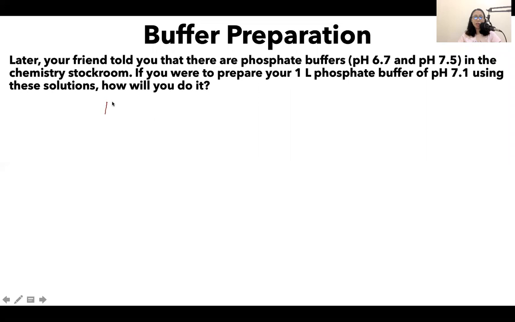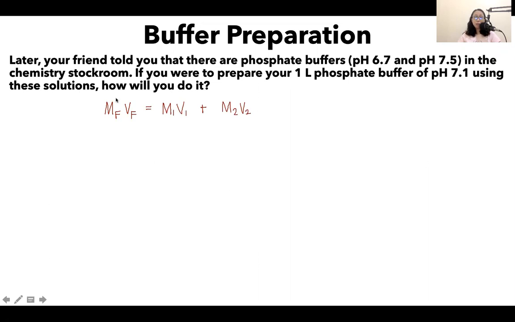So we have molarity final times volume final equals M1V1 for the first buffer solution, plus M2V2 for the second buffer solution.